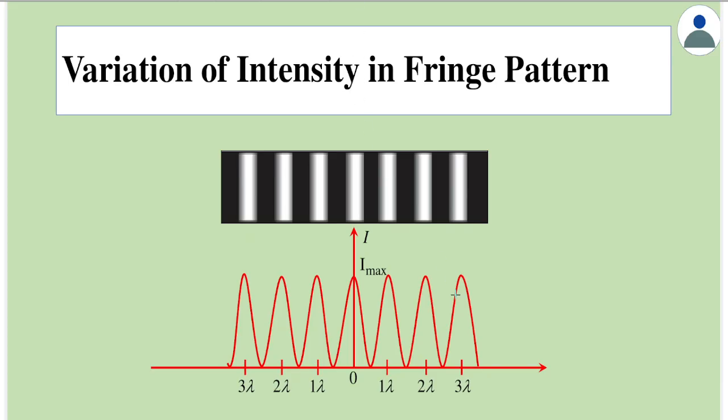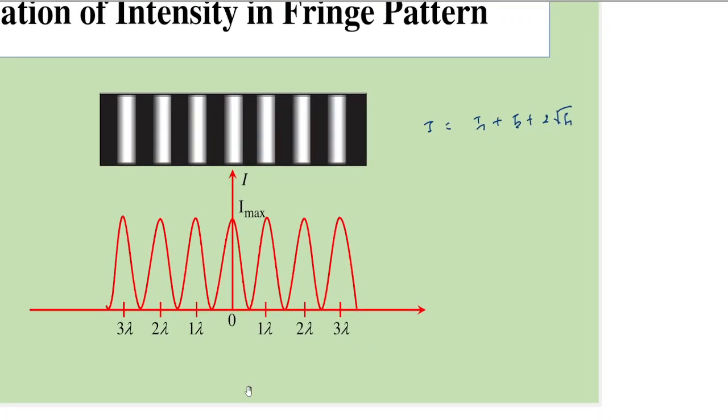In terms of equation, we know that the intensity at any point is given as I1 plus I2 plus 2 root I1 root I2 cos phi. In case of Young's experiment, I1 and I2 are equal.